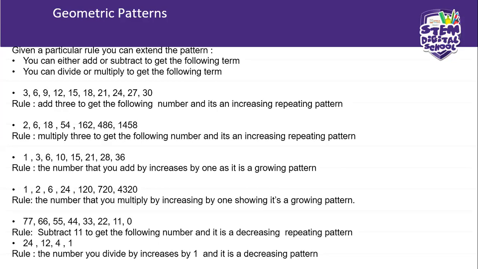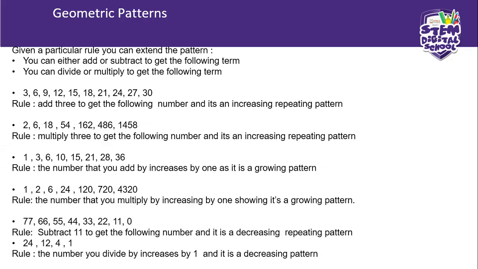Why is it still deemed a pattern? Because the number that you are adding by or subtracting by or dividing by has its order. And the general pattern itself, because it's a repeated thing, you keep on adding, you feel it has a pattern.